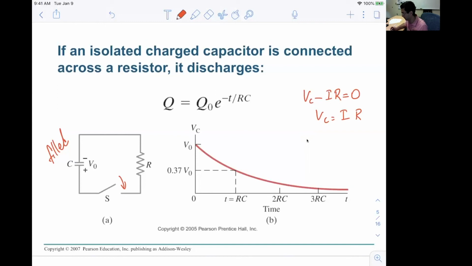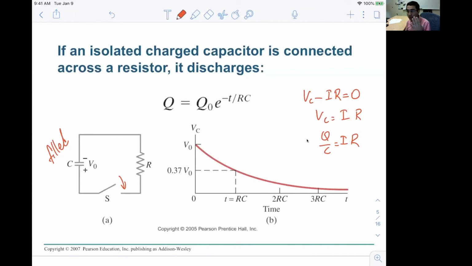The VC is going to be Q divided by C on the capacitance. But as you discharge, the Q is going to change, the current is going to change, so they are related to each other. At the beginning, you have more charge, it's filled, more potential, and you have a large current.